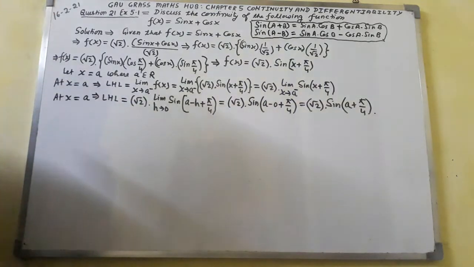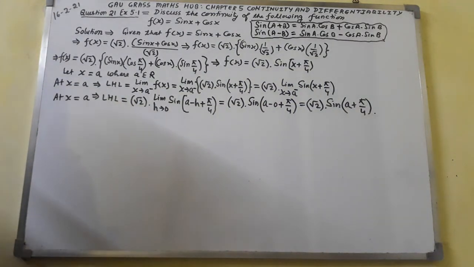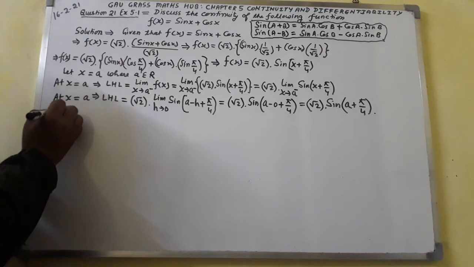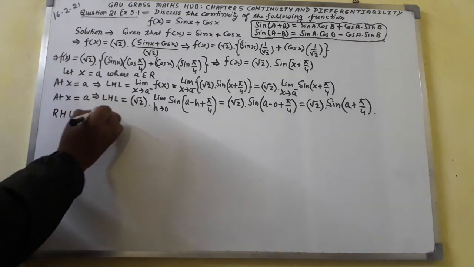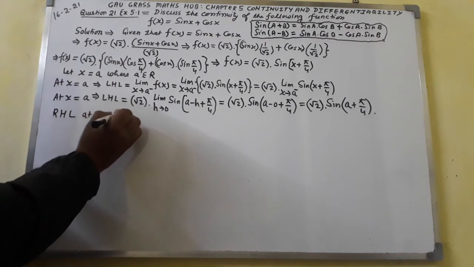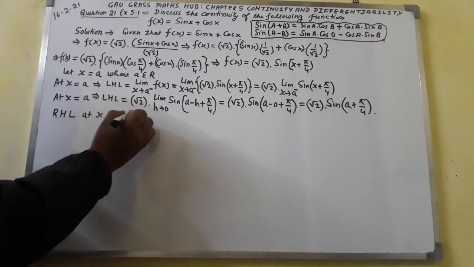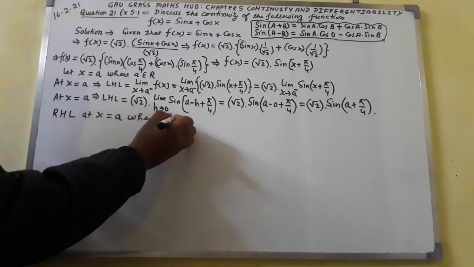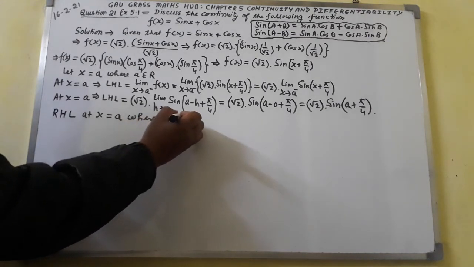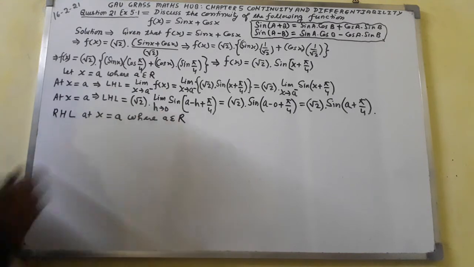Now I shall find out right hand limit at x equal to a. So here I shall write right hand limit at x equal to a, where a belongs to the set of real numbers.